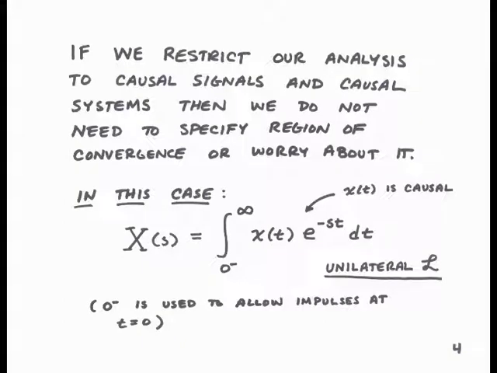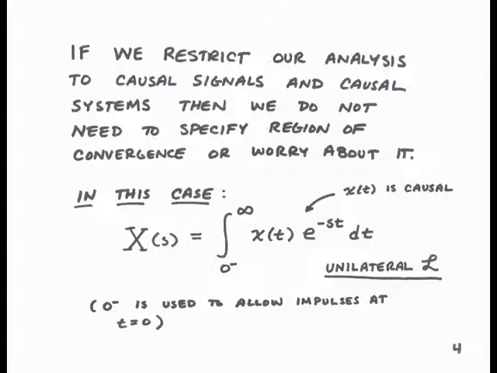However, if we restrict our analysis to causal signals and to causal systems, then we do not need to worry about the region of convergence. We'll always have uniqueness. We'll be able to go from x of t to x of s and back again.